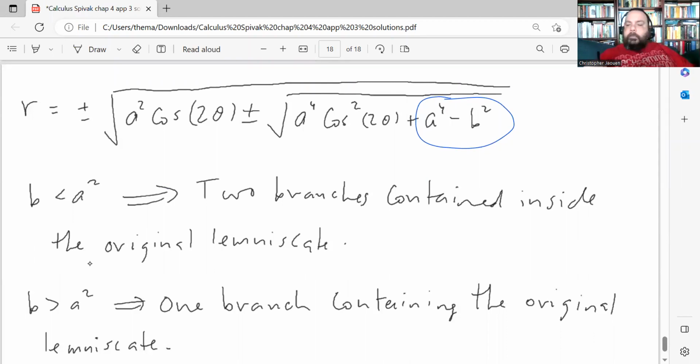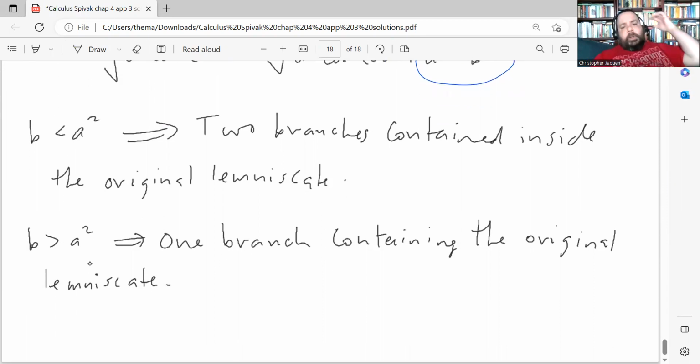But what happens is if b is less than a squared, then you get two branches contained completely inside the original lemniscate. And if b is greater than a squared, you get one branch that contains the original lemniscate. So let me go to Desmos so you can see some examples of what the graphs look like. Let me just share my screen here where I graphed these on Desmos.